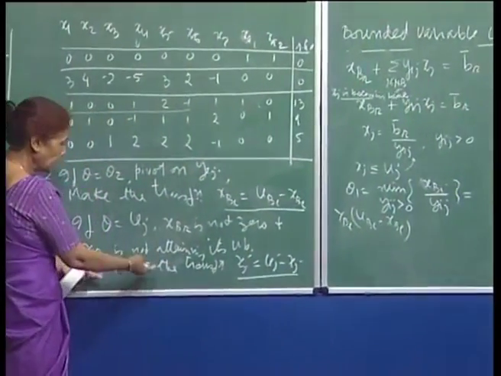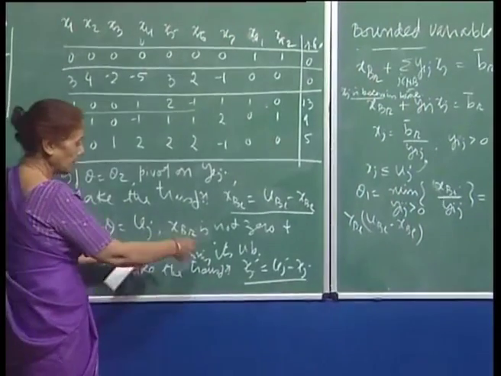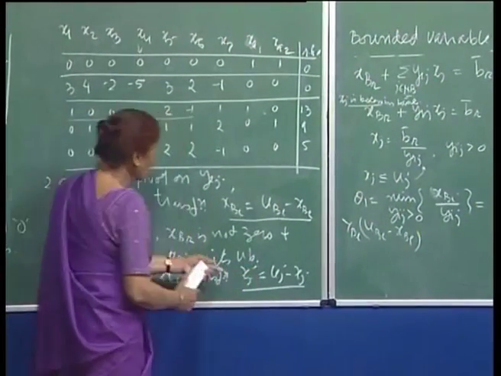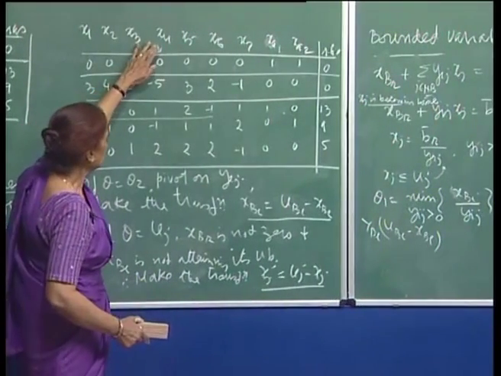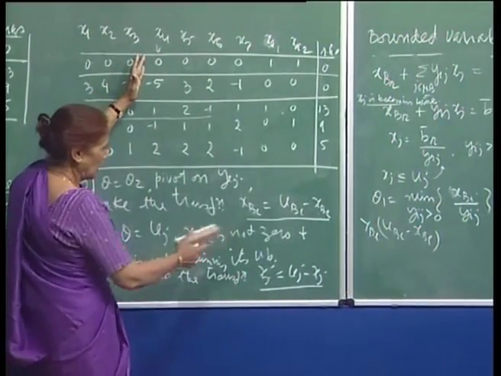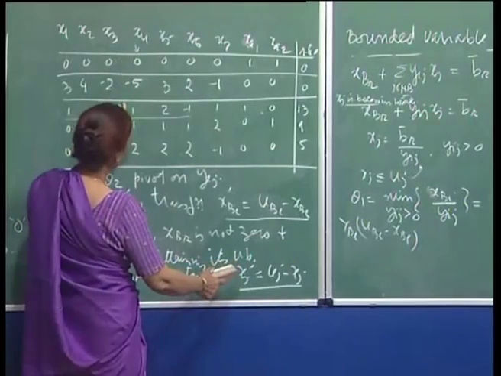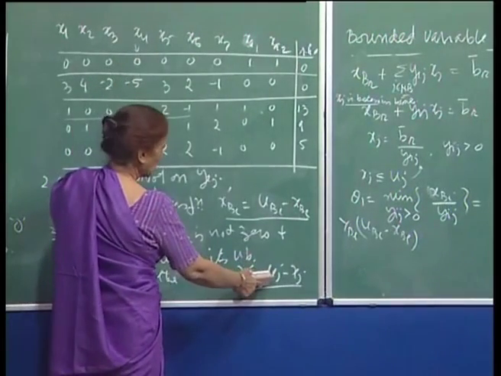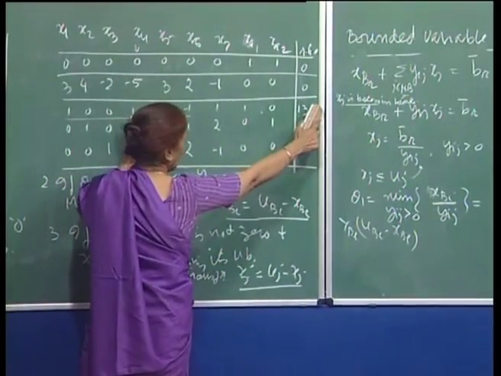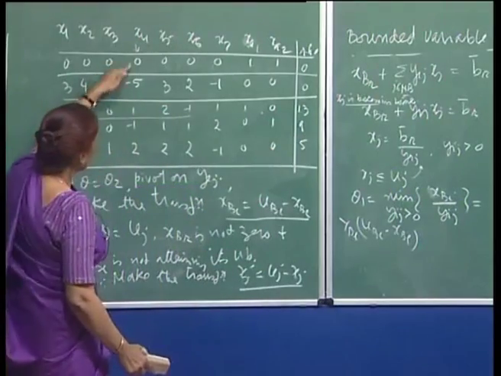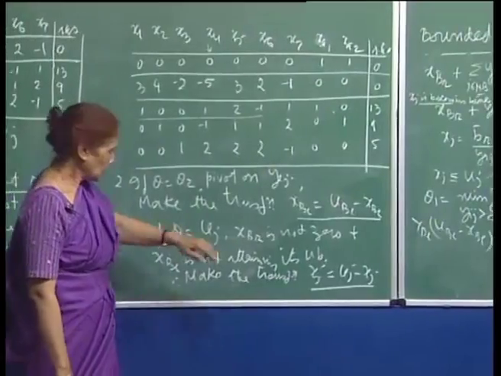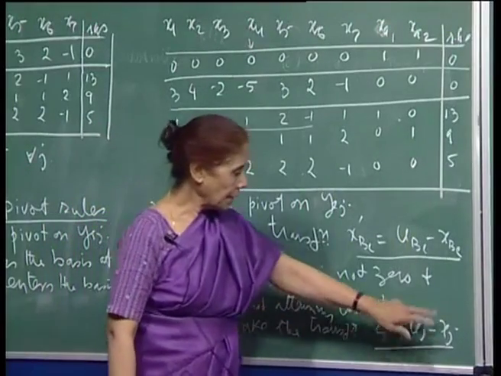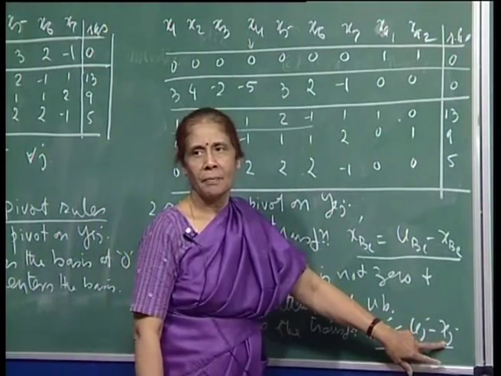So, in this case we will not be doing any pivoting. We will simply say that the corresponding column, for example, if this is to enter the basis, then I will take this whole column times uj, write it on the right hand side, and then multiply the whole column by a minus sign, because the column for xj prime is now minus times the column for xj.